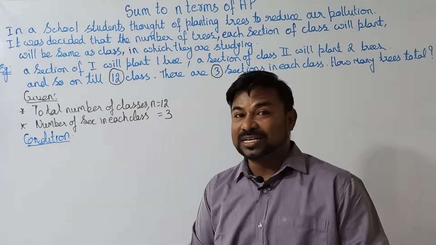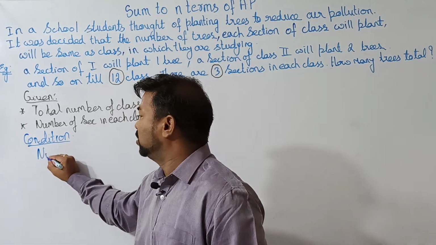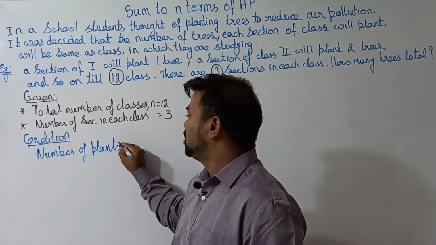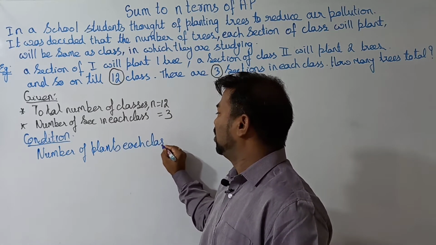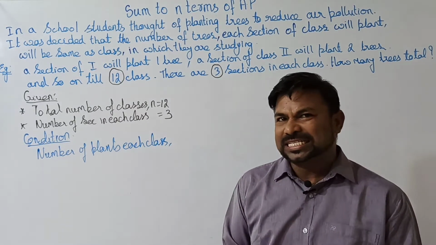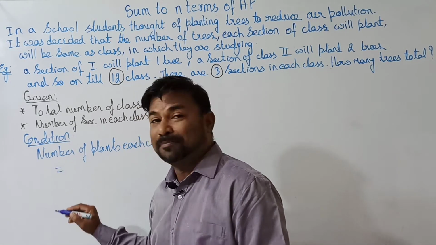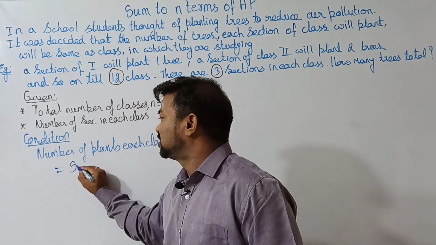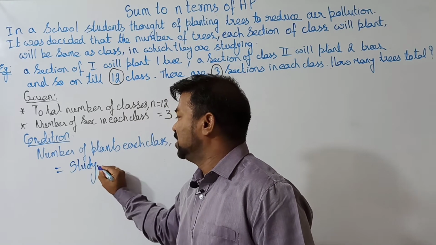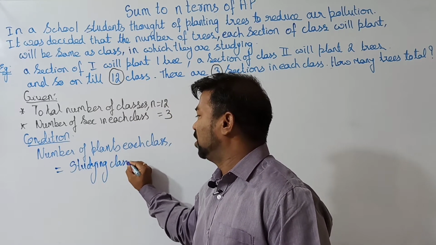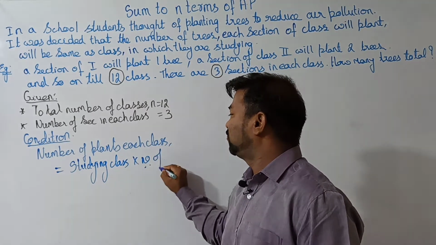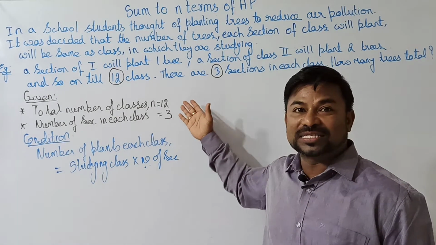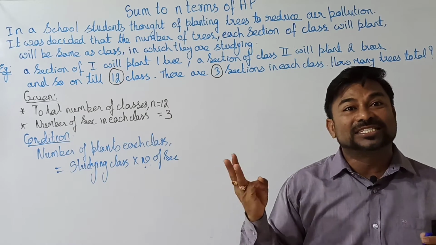The number of plants planted by each class equals the class they are studying in, into the number of sections. This is the condition they laid by themselves. So to repeat: number of classes is 12, and number of sections in each class is 3.